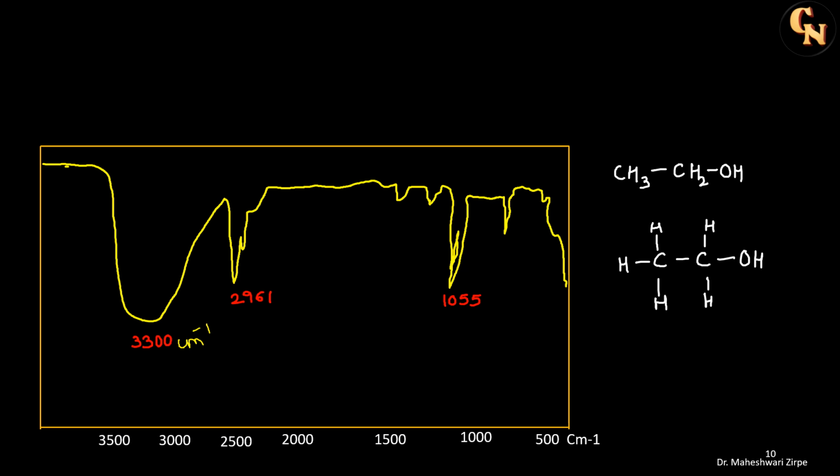Whenever you see such a broad peak between 3000 and 3500, remember that it indicates OH stretching of either an alcoholic group or a phenolic group.